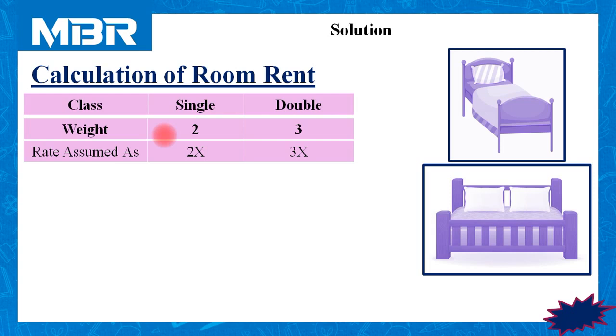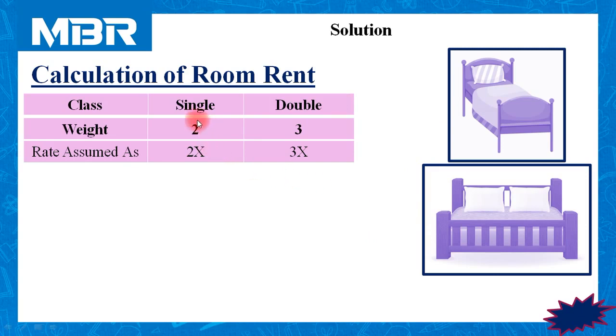We have discussed these kinds of calculations many a time at the time of discussion of the problems related to theater. So the weightage 2:3 represents the amount of rent to be recovered from the guests hiring a single room and a double room.